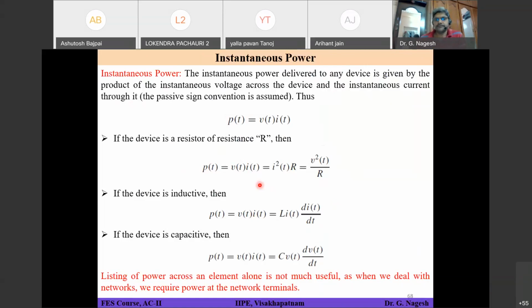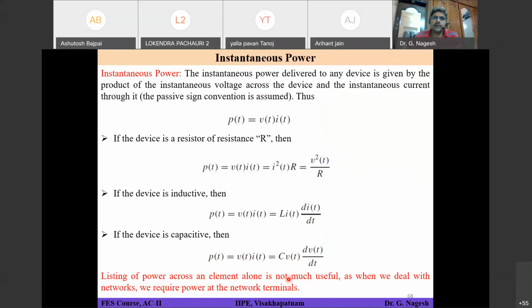Listing the powers across an element alone is not much useful, as when we deal with networks, we require power at the network terminals. All three expressions I have shown here are the powers across the element, resistor, inductor, or capacitor.